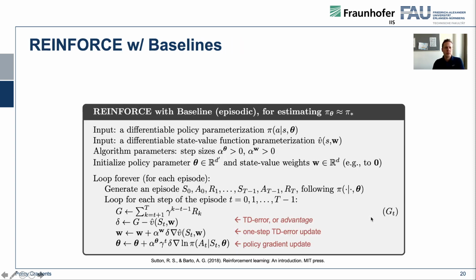You can easily put this, the general definition of using baseline functions to steer the policy gradient, into the REINFORCE algorithm that we introduced before, and it's not changing that much. So we have as an input differentiable policy parameters pi. What you also have as an input is a state value function parameterization.